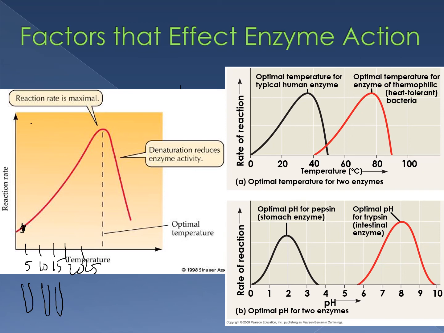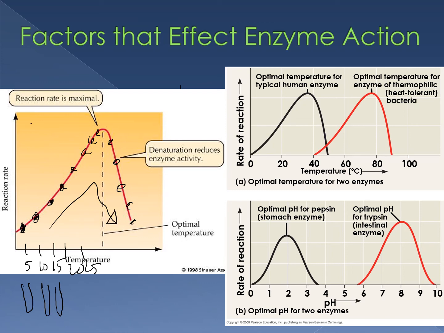So at 5 degrees it was this much product. We'll do the experiment again. At 10 degrees it was this much, and then at 15 degrees it was this much. And then they keep doing this until they are able to plot a line graph showing the course of the reaction. So this data is the result of many experiments.